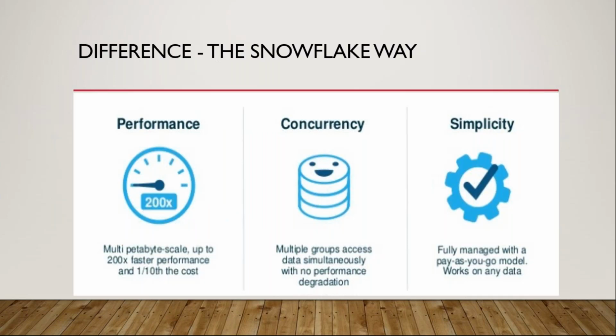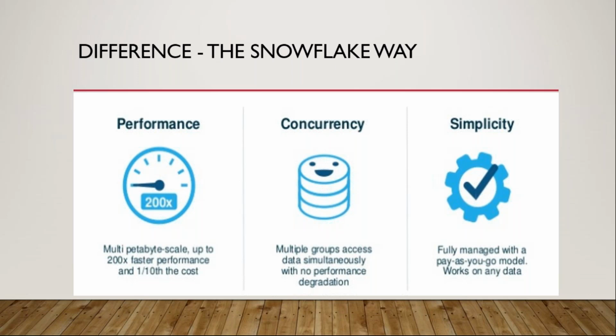Right. So I briefly discussed the difference from other cloud services like Redshift and why Snowflake. These are the key things I noticed personally with respect to Snowflake. It is 200% faster and at very minimal cost actually.